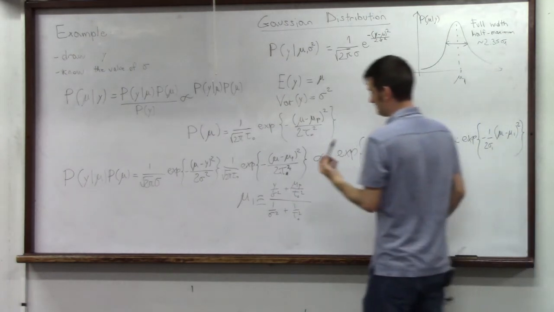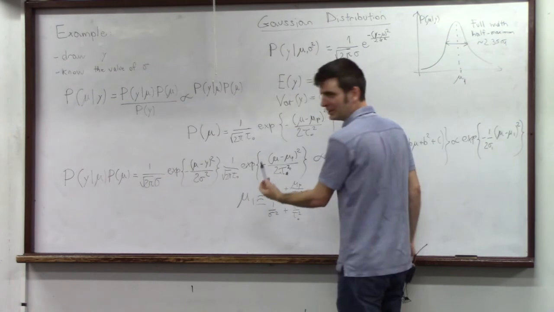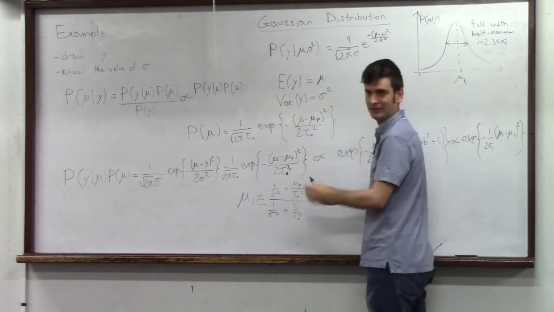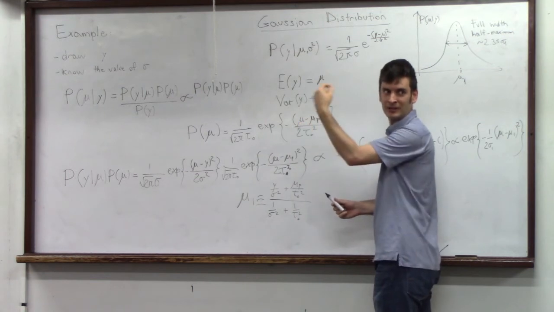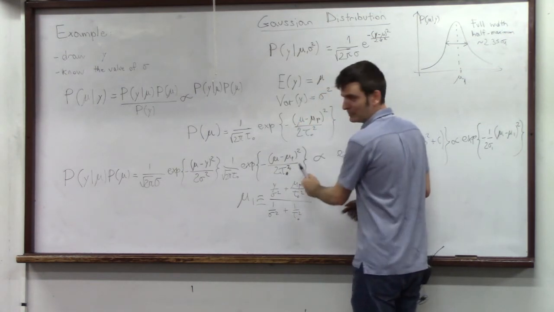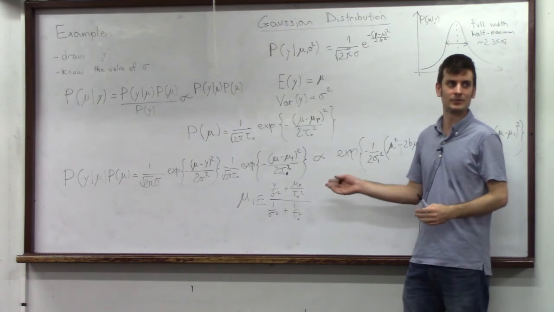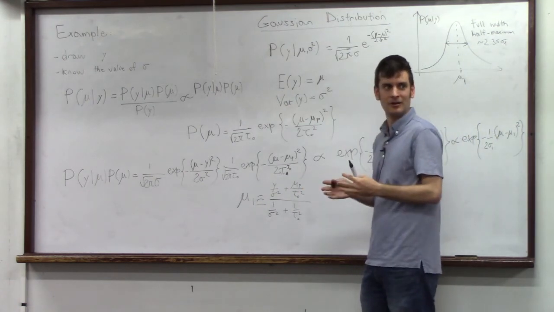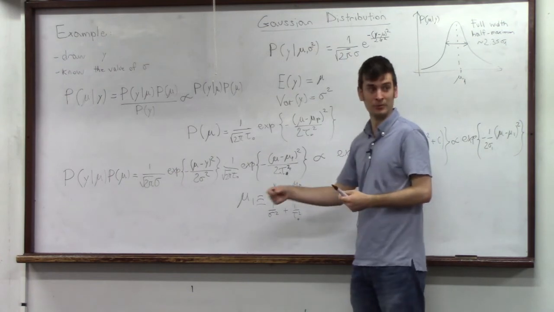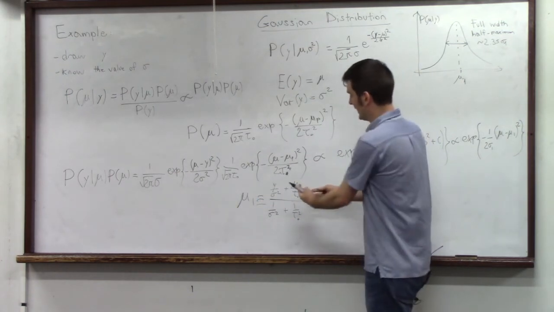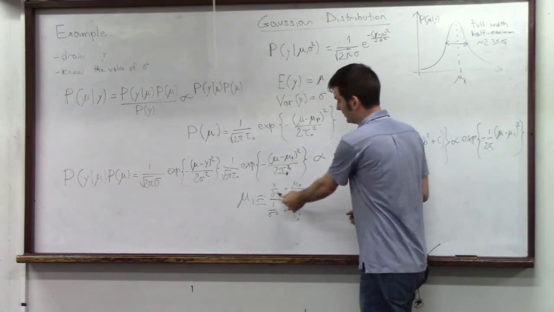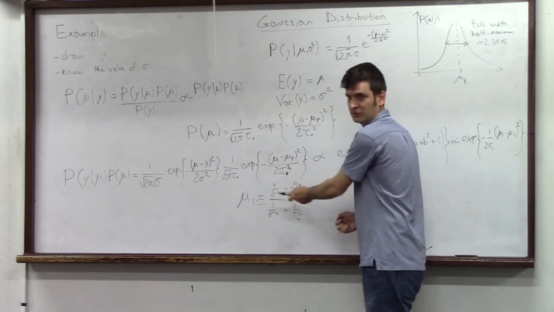And the new mean is a weighted mean between the value y that we drew from the Gaussian and the mean of the prior. So it's a compromise between our prior knowledge of what the value should be and the value that we observed. And the relative importance of these two terms depends on the width of the distribution.